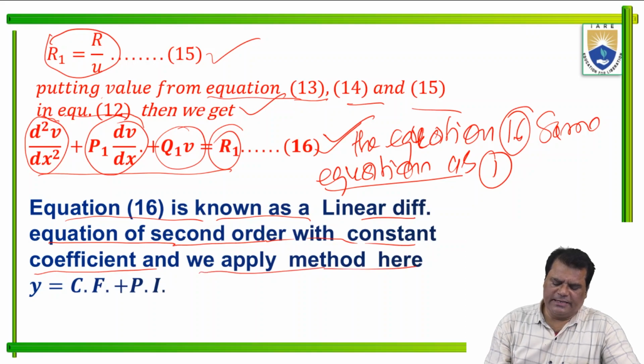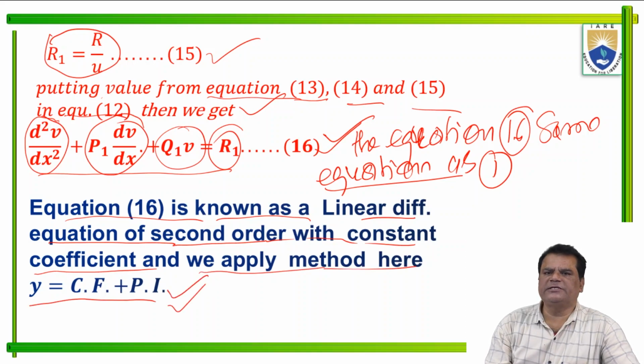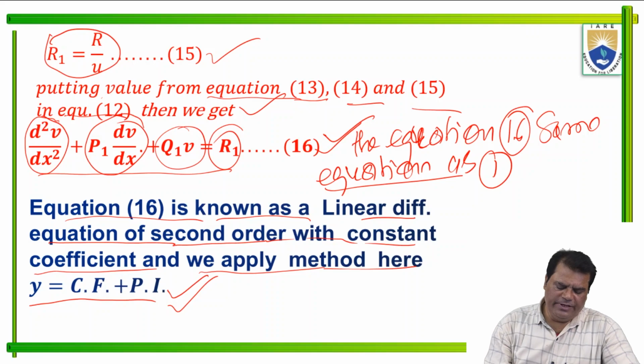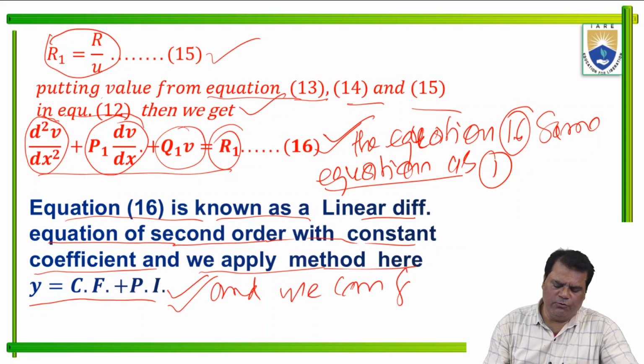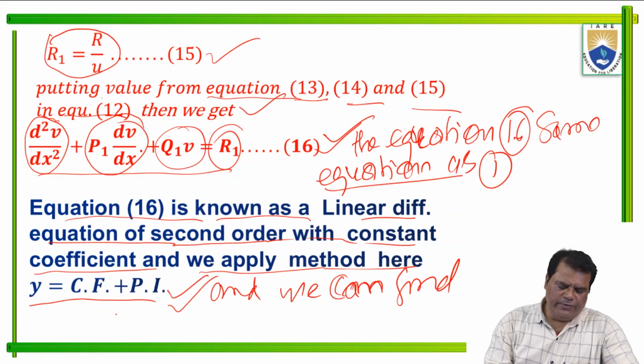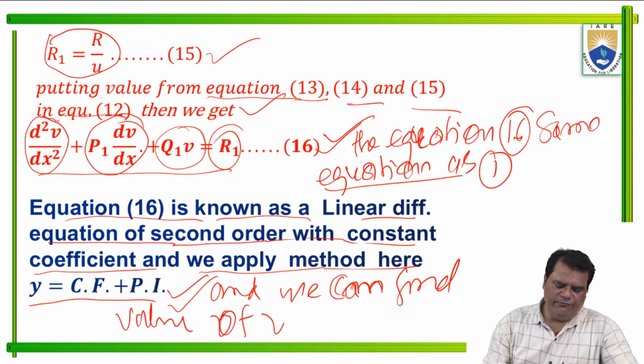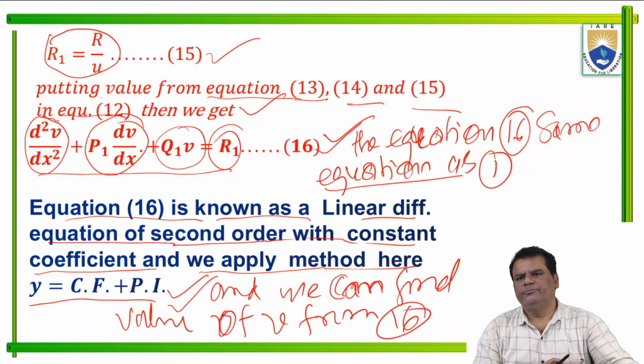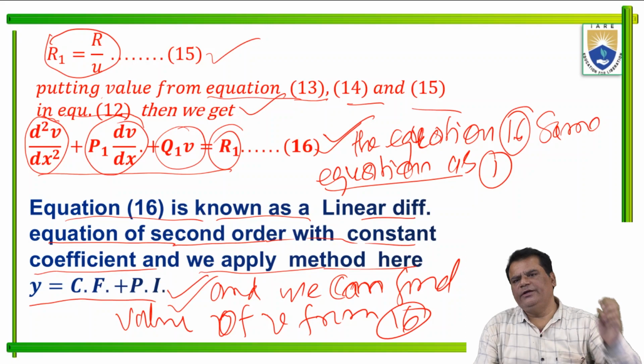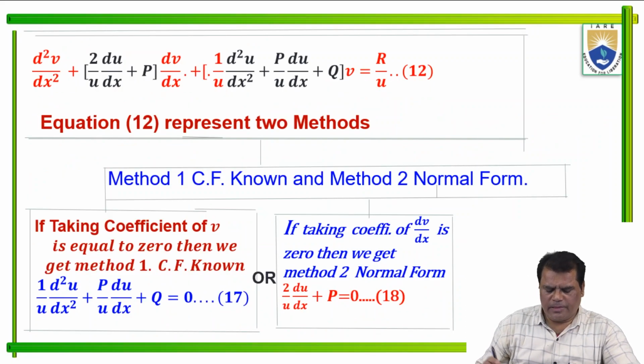We apply the method here: v equal to CF plus PI, and we can find the value of v from 16.